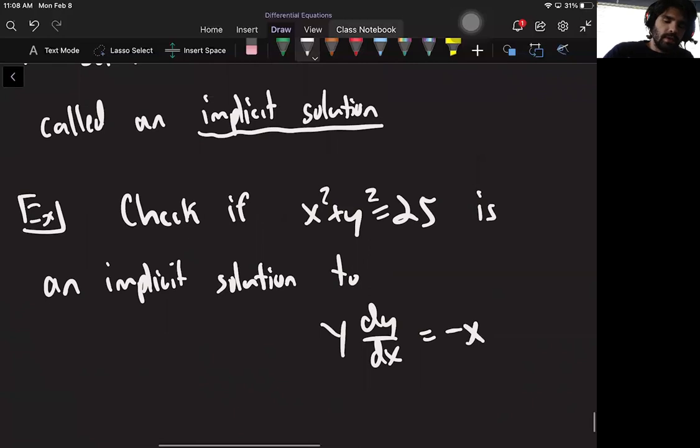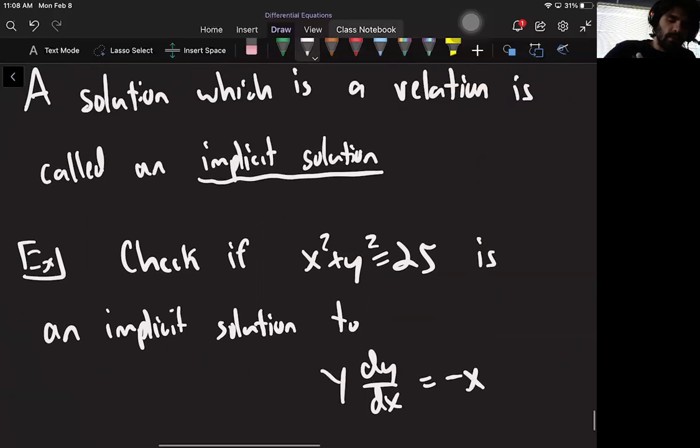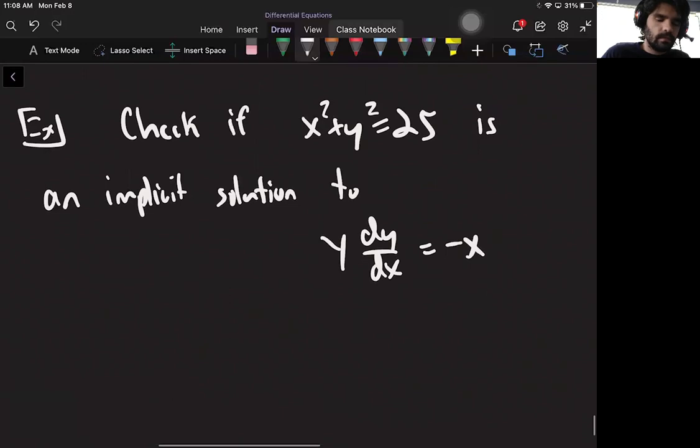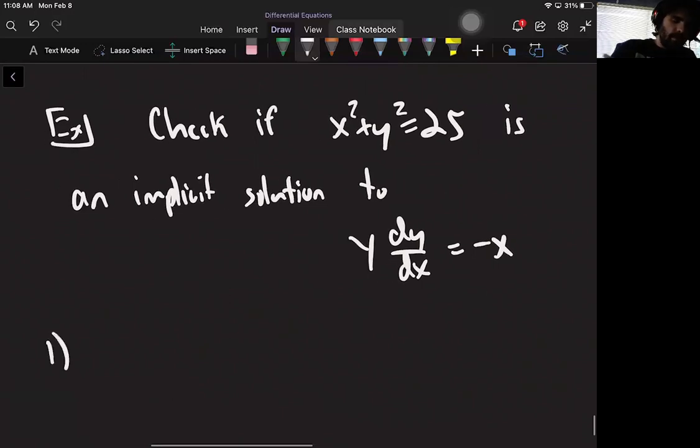So the word implicit is in opposition to the word explicit. So if it's a function, it's called an explicit solution, but you usually just say solution. You don't really care about saying explicit. Okay. So these work the same in terms of checking, but now I have to find dy dx using implicit differentiation instead.